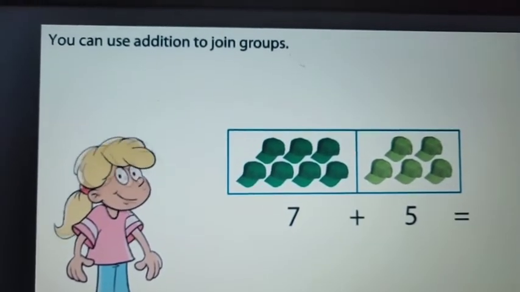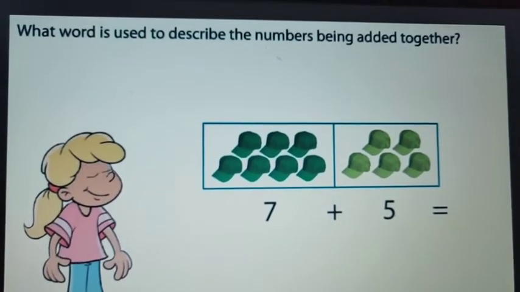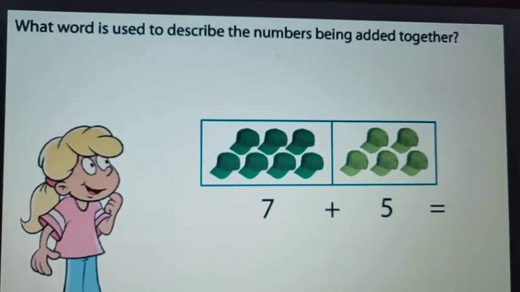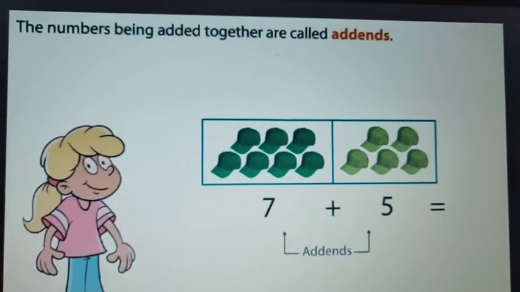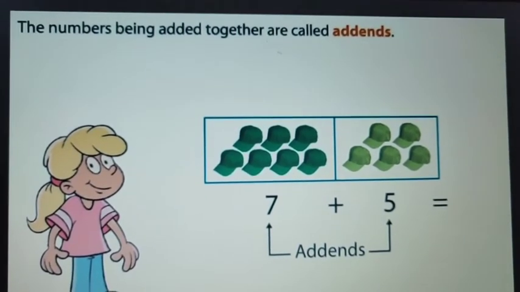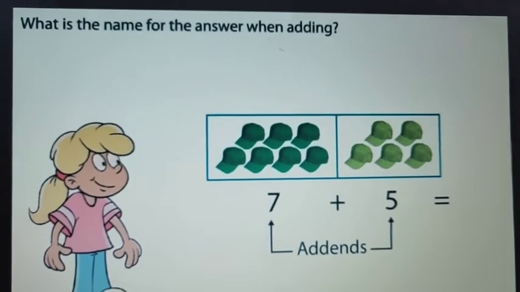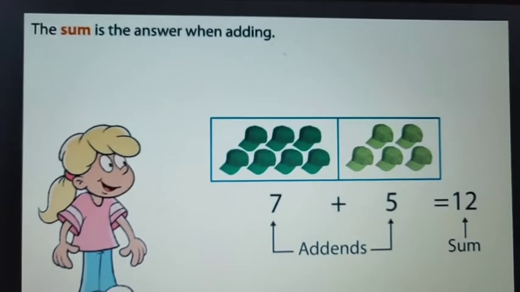You can use addition to join groups. What word is used to describe the numbers being added together? The numbers being added together are called addends. What is the name for the answer when adding? The sum is the answer when adding.